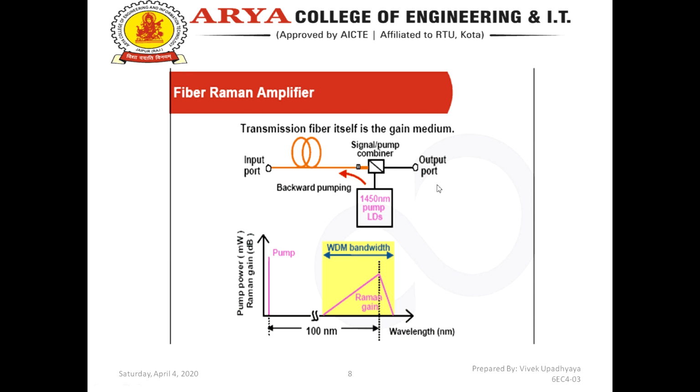Here we can see the diagram of the pump power, or Raman gain, and this is the WDM bandwidth. Here we can see the Raman gain increasing from here, and after that it is steeply decreasing, and this is the pump energy.